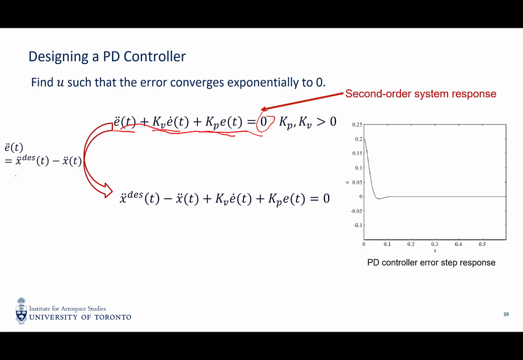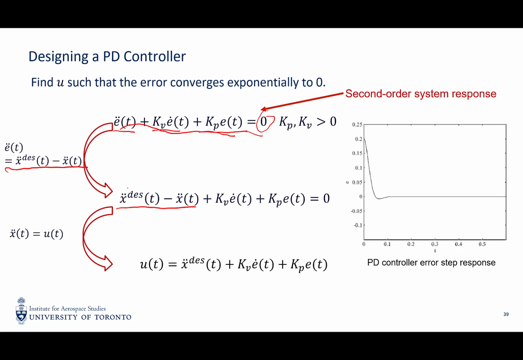Then if we apply the dynamics and also the error definition of this system into this formula, we get the following. We replace E double dot with x double dot desired minus x double dot t.